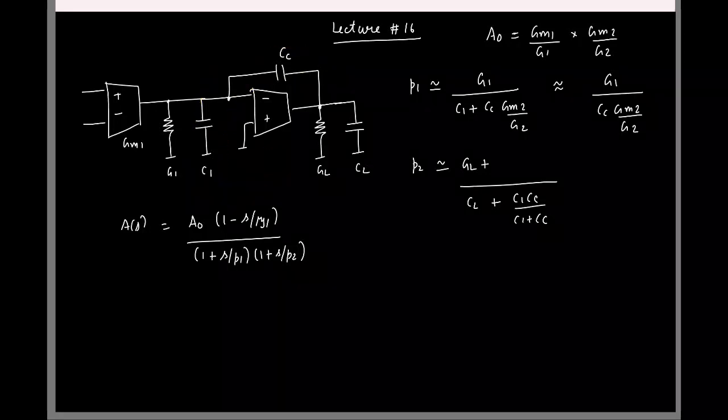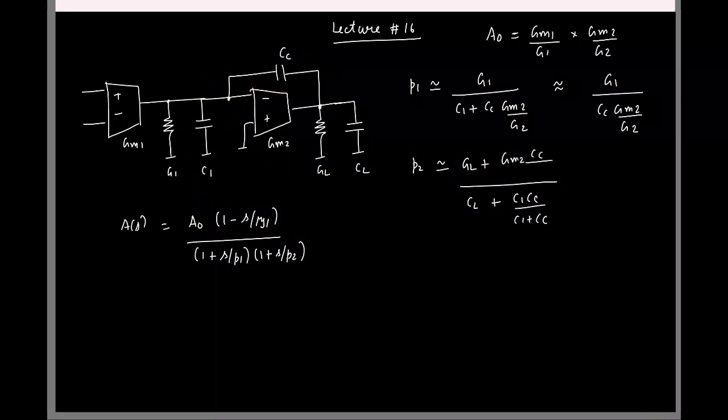So we'll call this GM2 by C1 plus CC. And again, in most cases you can approximate as GM2 CC by C1 plus CC plus CL plus C1 CC by C1 plus CC.